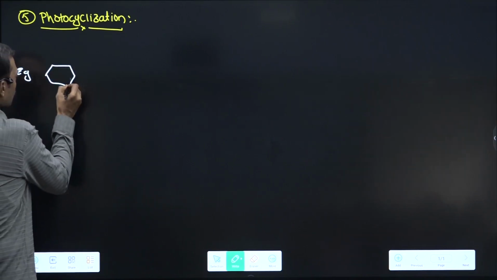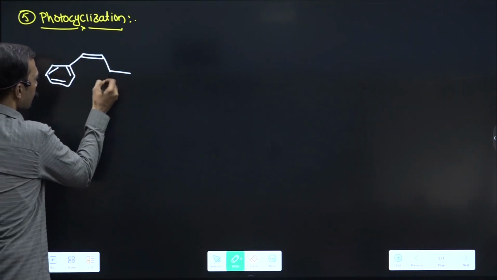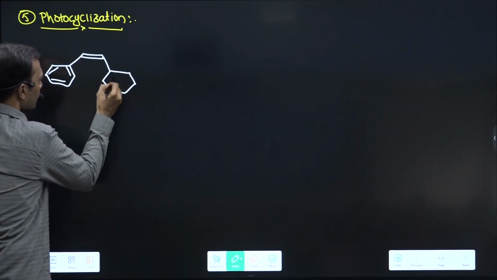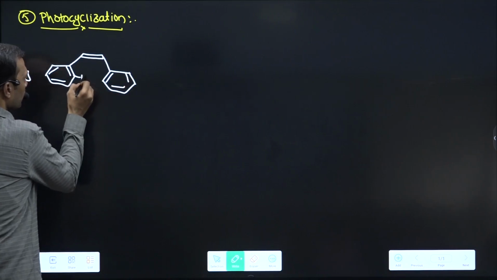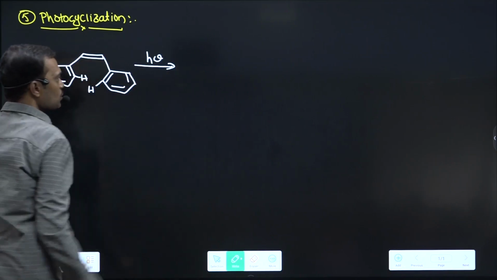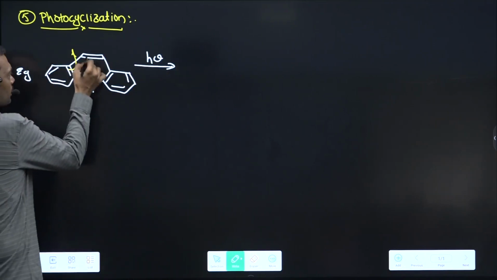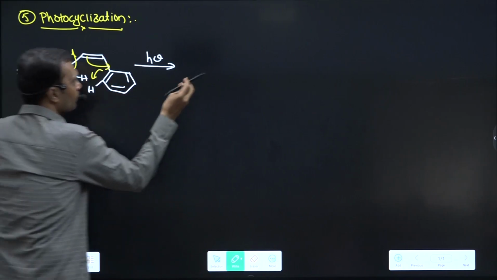This reaction is already given. Here there is a double bond, and here a hydrogen is there. Photochemical cyclization is possible. So now this can combine here, this can combine, and this can combine.